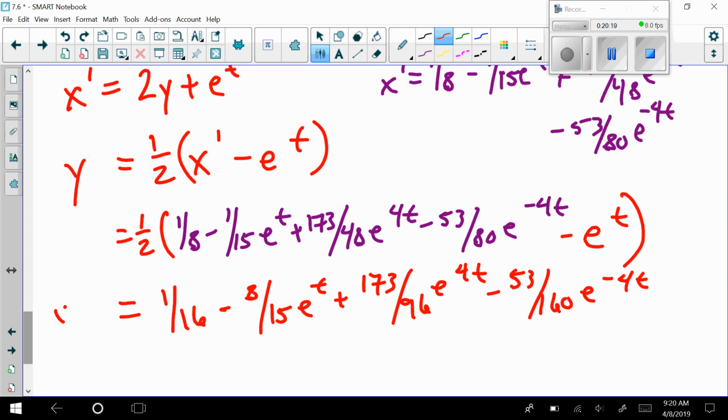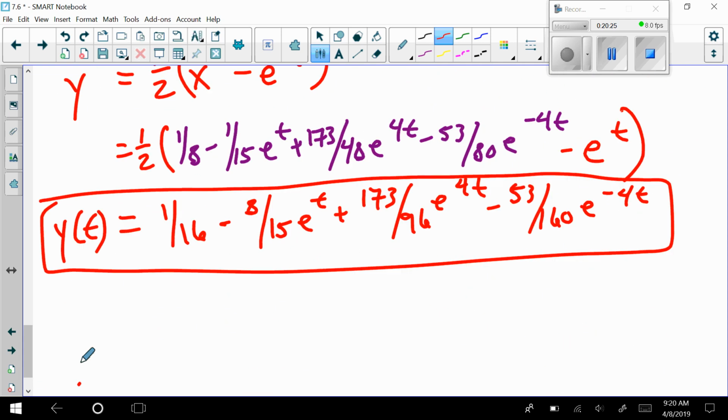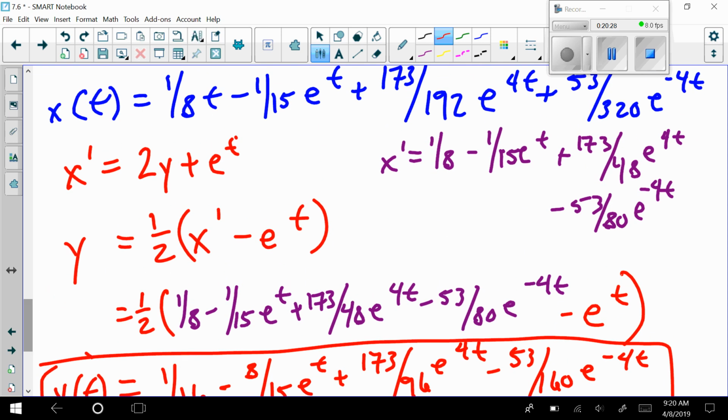And there I have my y of t. This is the second part to my solution, paired of course with this blue part up here.